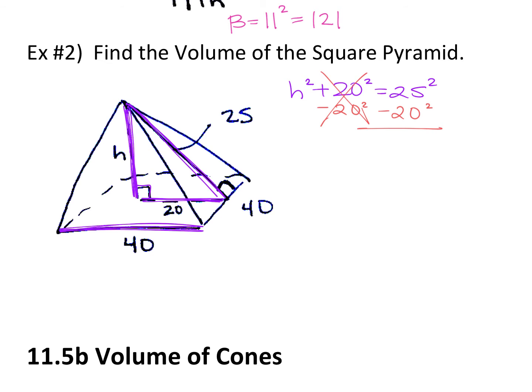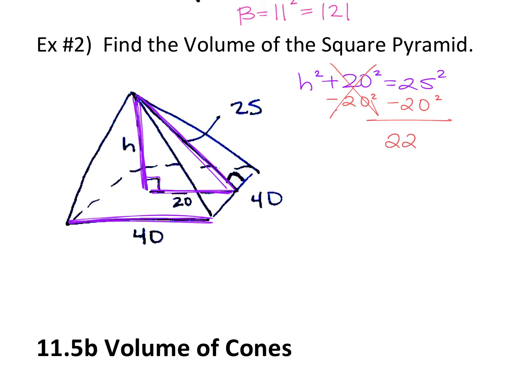It's not 25 minus 20. It's 25 squared minus 20 squared. So put it into your calculator, 25 squared minus 20 squared, and you should get 225, okay? Do not subtract your whole numbers there. So h squared is 225, so then you take the square root of that, and h is 15.